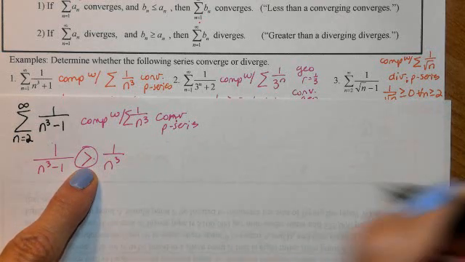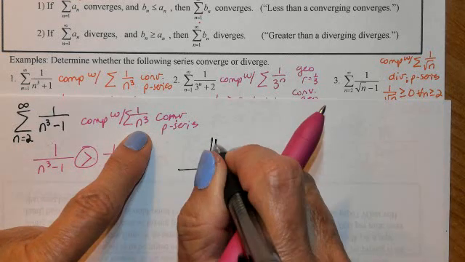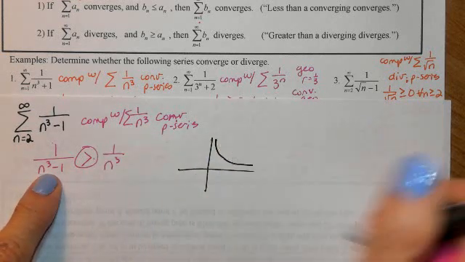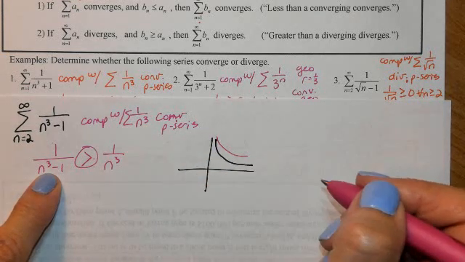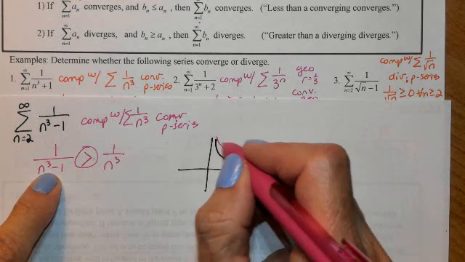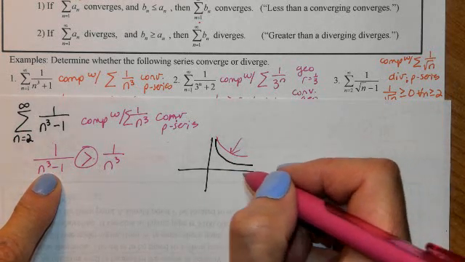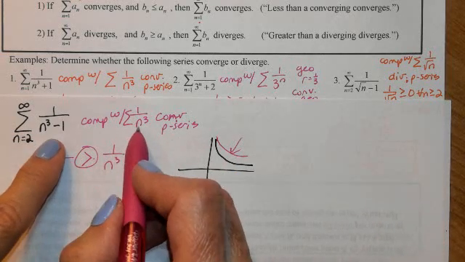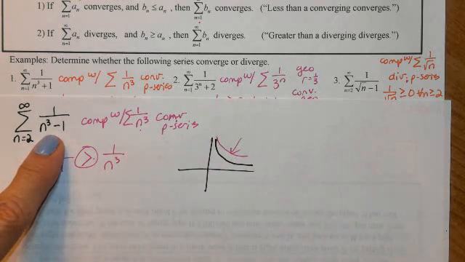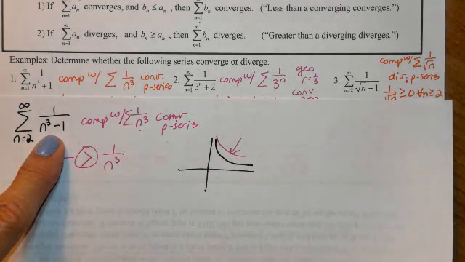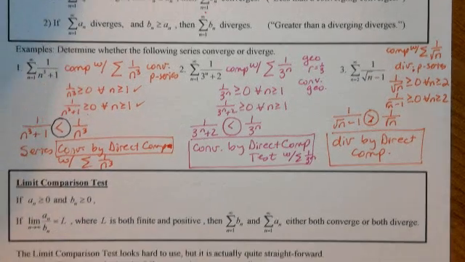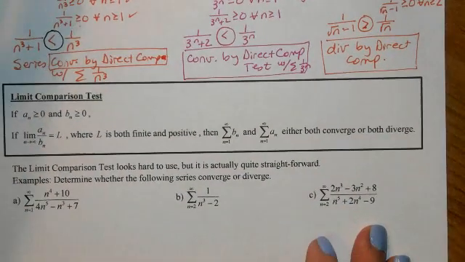I have this series that converges, and I have this series that's always above it. I know nothing about this one then. So I cannot use direct comparison in this case. I need to use limit comparison. So here comes the limit comparison test.